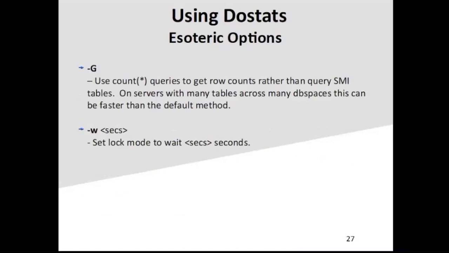Also, Dostats does that for every table in the server, even if you're only processing one or two tables with dash T. So the dash capital G option just uses a select count star on the individual tables to get the row counts it needs to make some decisions. That can be faster under certain circumstances.